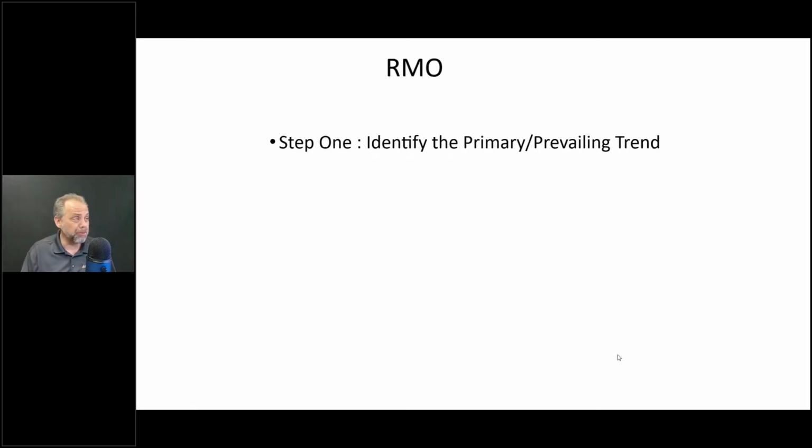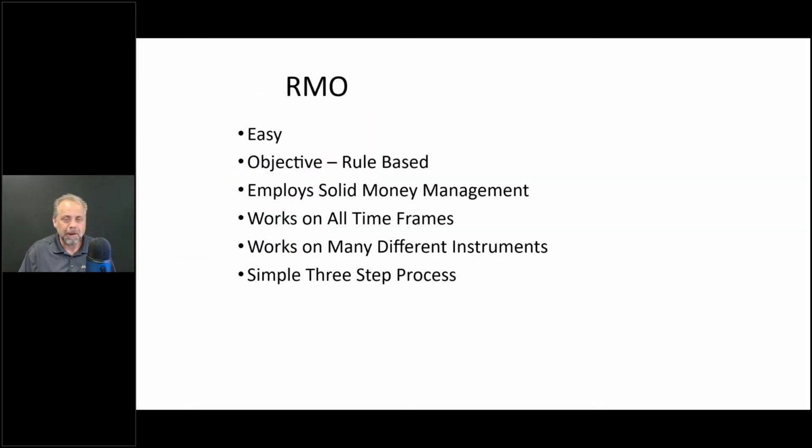Before we go further, I'm surprised I don't talk about who Rahul Mohindar is. That's what I was waiting for here. It's not in here. The RMO is called the Rahul Mohindar Oscillator, the RMO system. It was developed by a friend of mine, Rahul Mohindar.